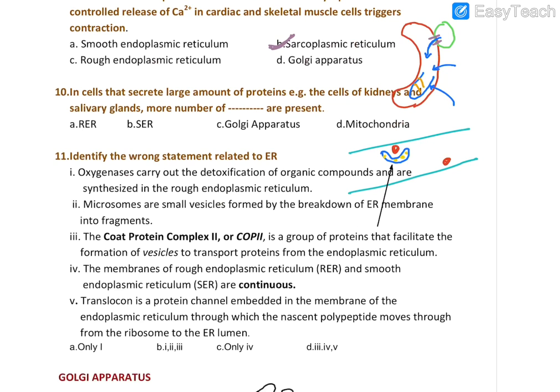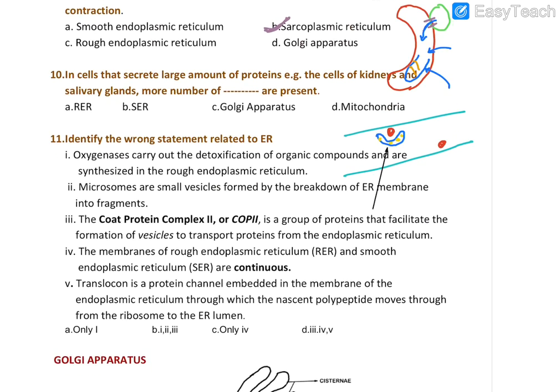Then coming to the 10th question, in cells that secrete large amounts of proteins, for example the cells of kidney and salivary glands, more number of dash are present. The protein synthesis takes place in ribosomes, particularly the ribosomes attached to the endoplasmic reticulum. So in kidney as well as in the salivary glands, the secretion will be more.